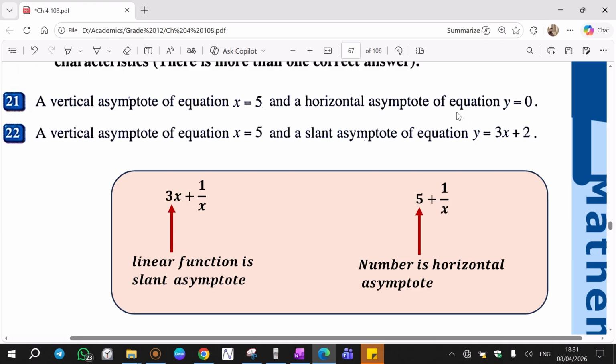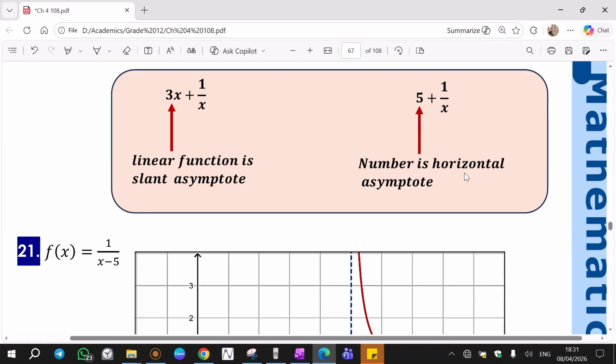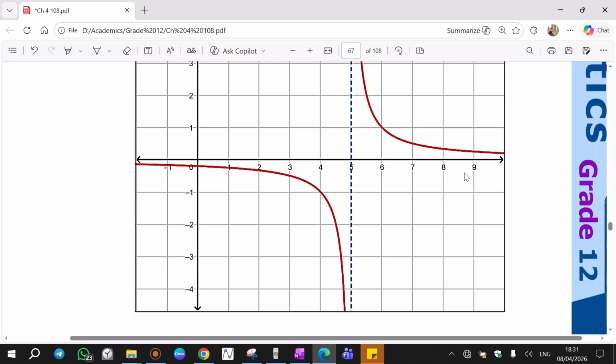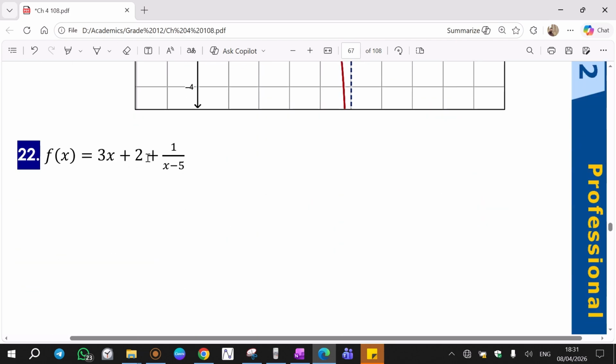Horizontal asymptote equal to 0 means the degree of up must be less than degree of down. And then the same thing asks for slant asymptote. We just write the linear equation next to the fraction like we did in question 21. These are the answers. 1 over x minus 5 has vertical asymptote at 5, and it has horizontal asymptote at 0. And if we just write the linear function, 3x plus 2 next to the fraction, this linear function is slant asymptote.